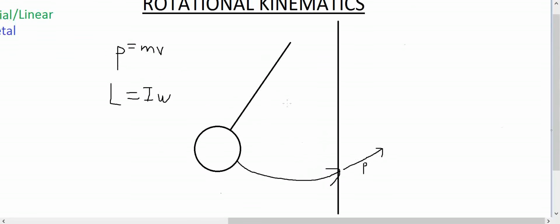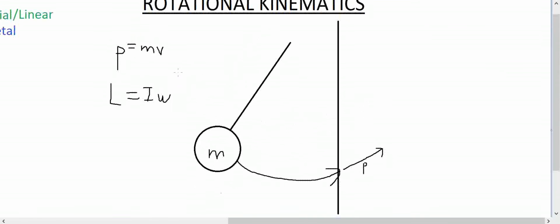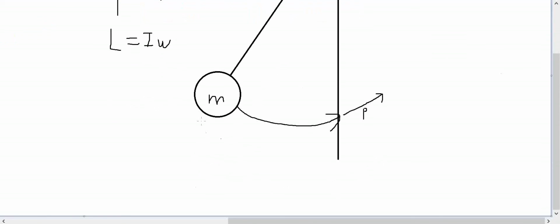But the angular, this is for rotational kinematics, like the m and the v, the tangential velocity, and it is actually no different from here.